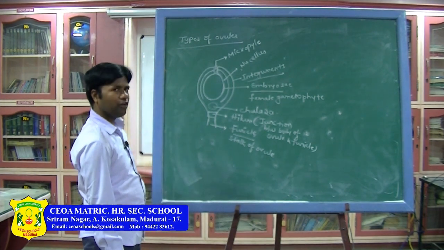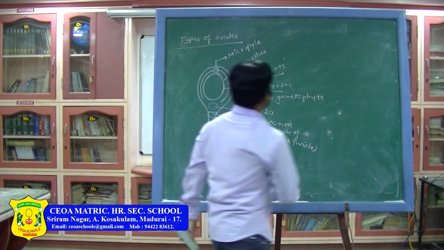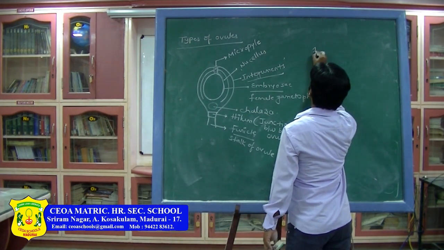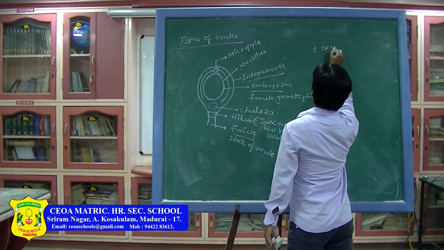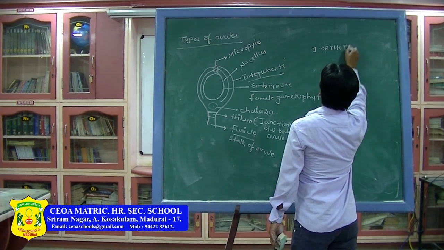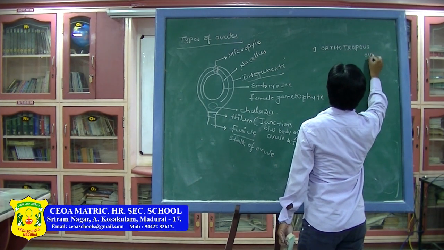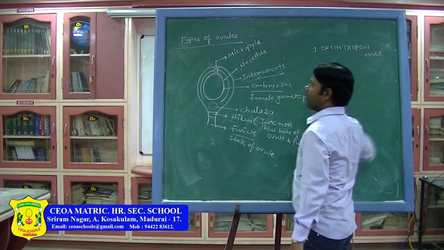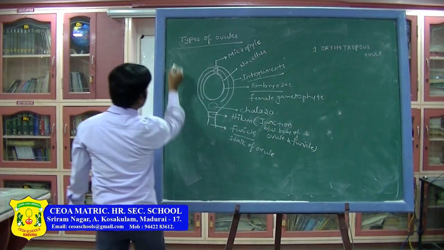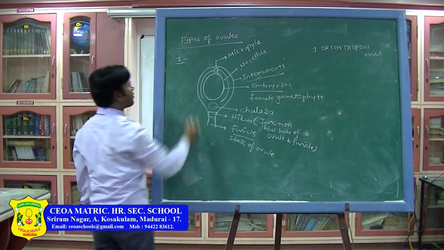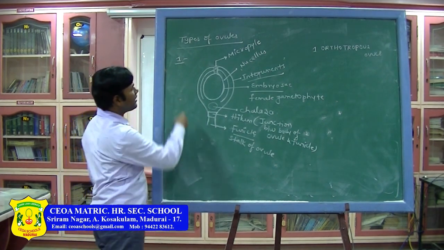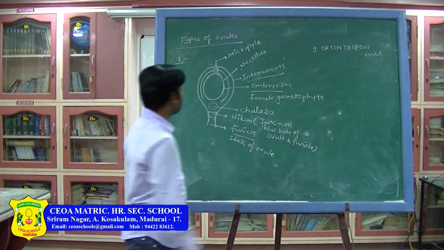Then the first type is the orthotropous ovule. Here in this orthotropous ovule, what happens?